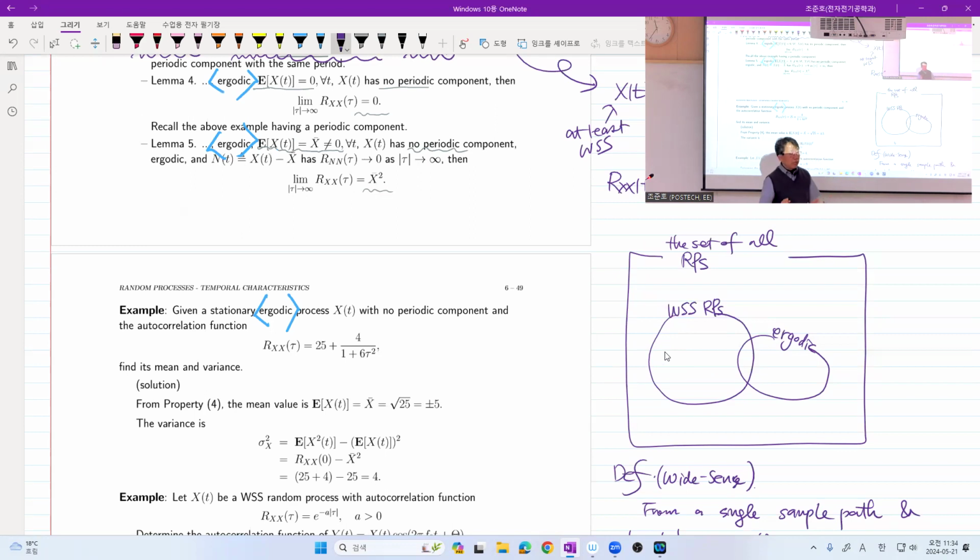So they defined this subset and said that, okay, just take one sample path. However, from that sample path, you can still estimate and infer some statistical properties of the entire ensemble.